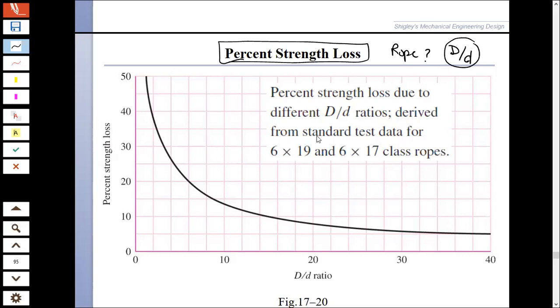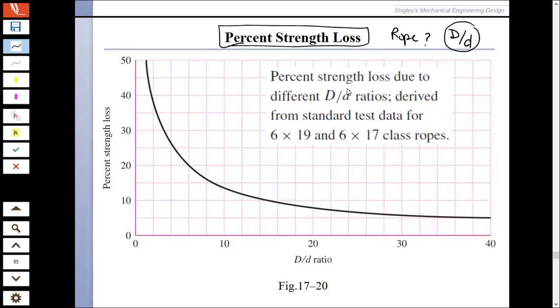If you look at this figure, it gives you percent strength loss due to different D by d ratios, derived from standard test data for 6 by 19 and 6 by 17 class ropes. This tells you that if you have the D by d ratio here, 2, 4, 6, 8 and 10, then if the D by d ratio is 2, your percent loss in the bending strength of this rope is too much.